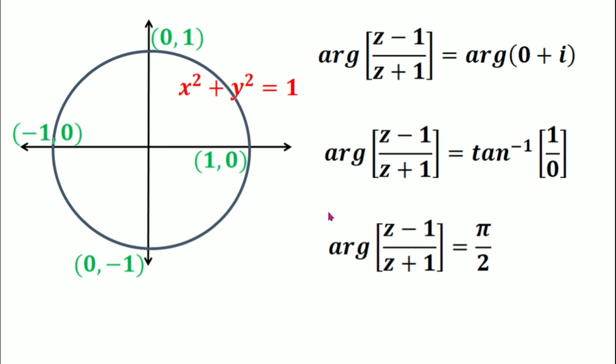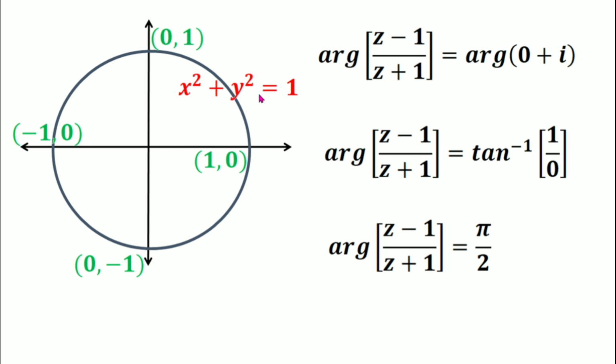So if you take any point on the circle x square plus y square equal to 1, that is the unit circle, for example I am taking (0, 1), suppose z equal to (0, 1), that is i, that complex number will give the argument of (z minus 1) by (z plus 1) as pi by 2.